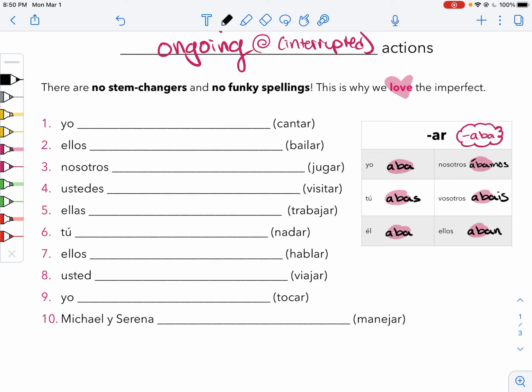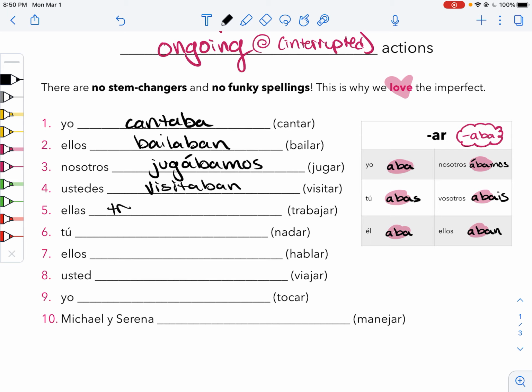Here we go. We have yo cantaba. Ellos bailaban. Nosotros jugábamos. What's that accent? Jugábamos. Ustedes visitaban. Ellas trabajaban. I put hablar in here.